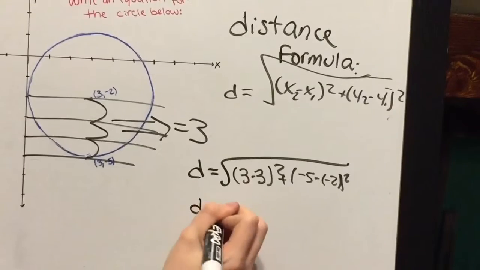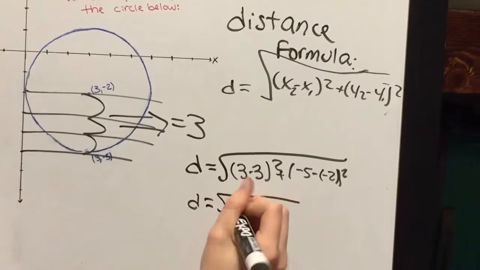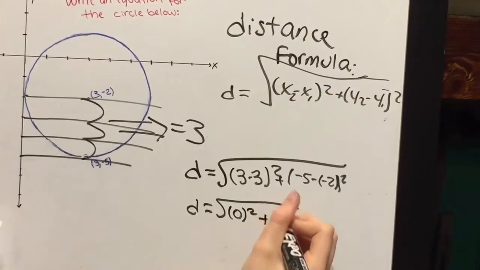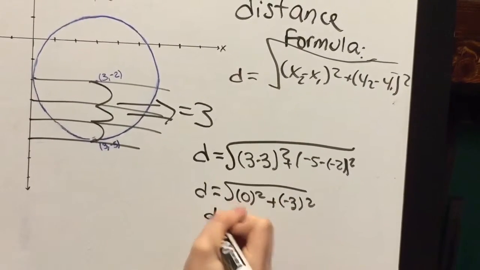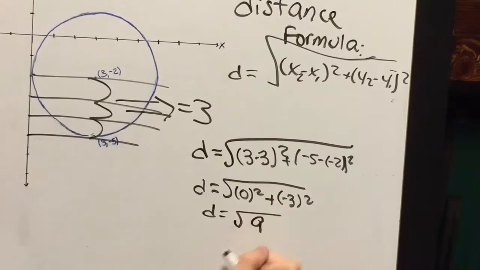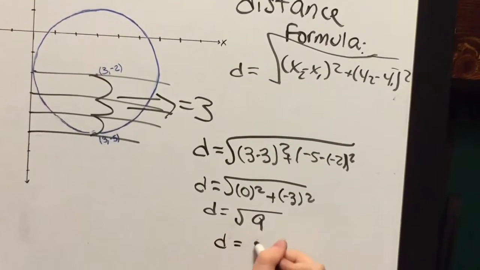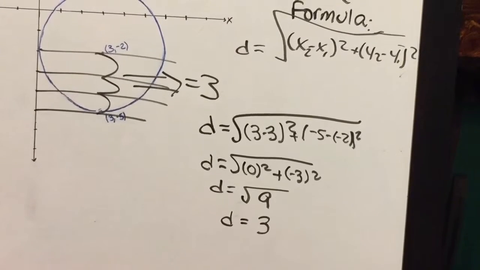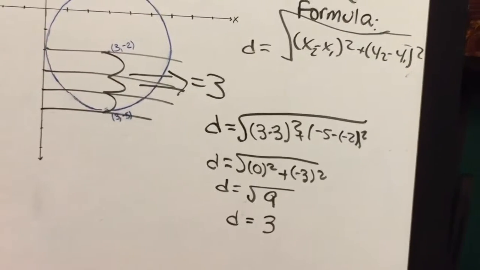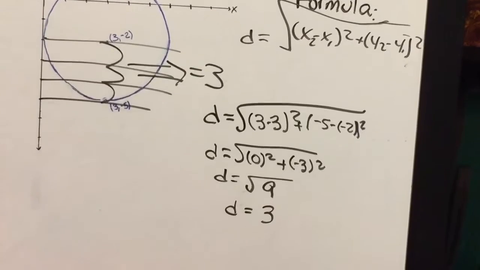First we get d equals the square root of 0 squared plus -3 squared, which can be brought down to d equals the square root of 9, which we can see is 3. This once again gives us 3 as the radius for the equation. It just took a little longer of a route.